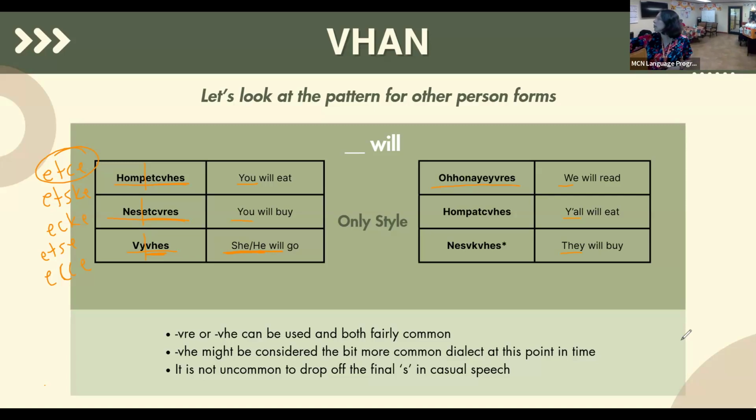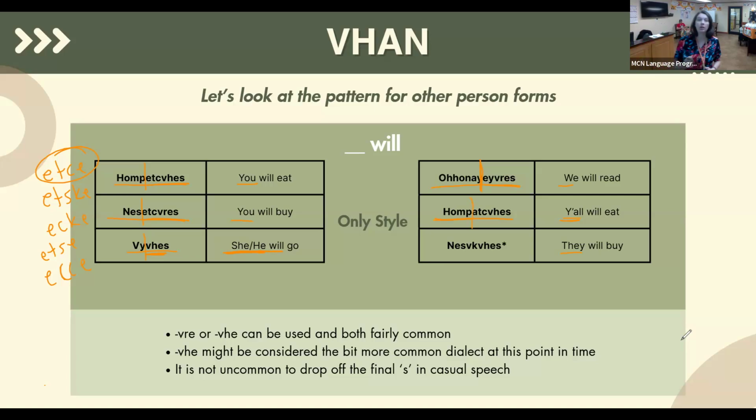So if read is the root, right? Mark off from there. We will then is this form. Y'all will eat is this. Right? And homb is our root.